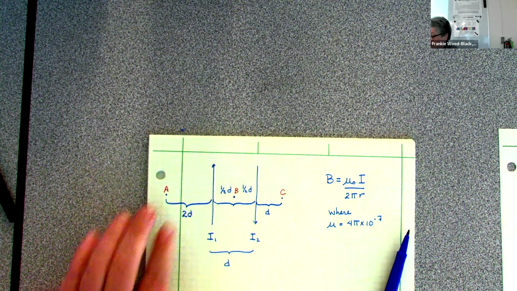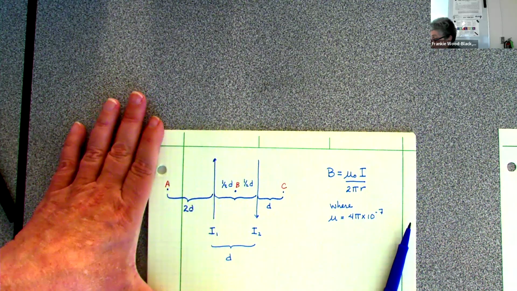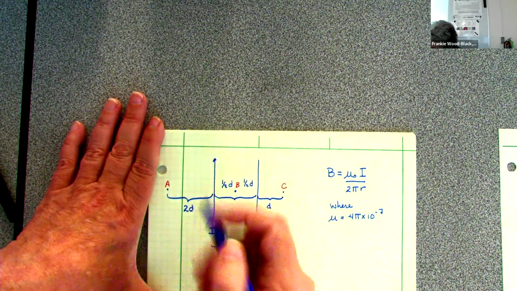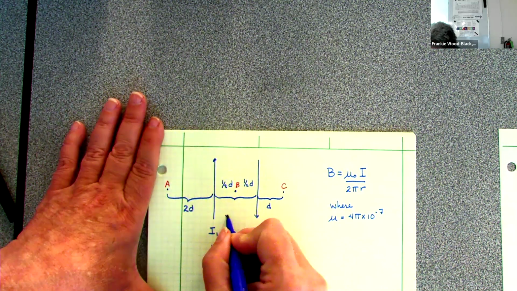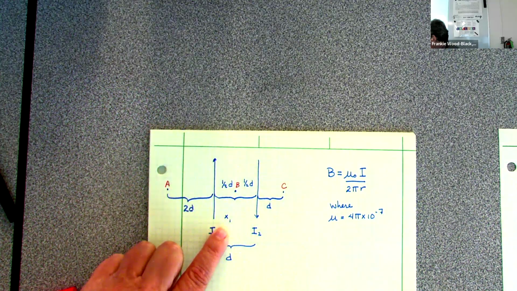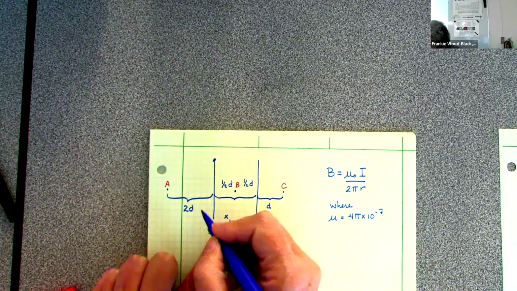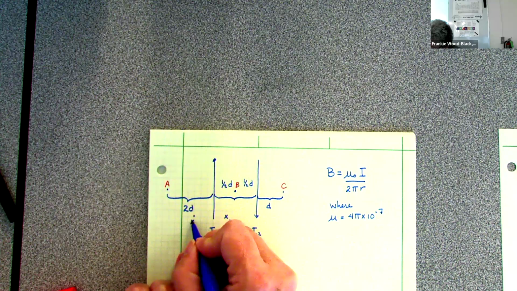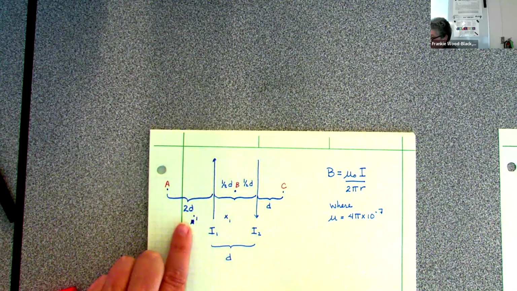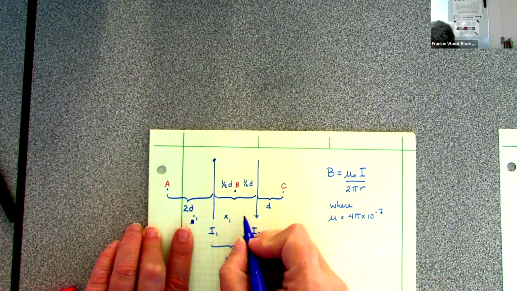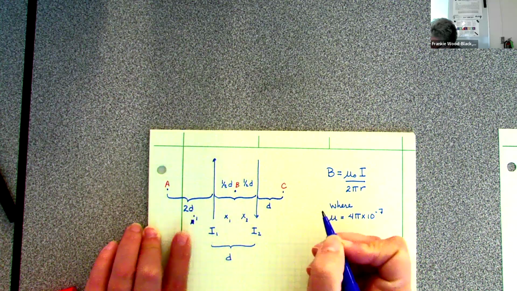If I do my right-hand rule, we're going to be able to figure out the direction of that current. So for current 1, it's going to be into the page that way, and it's going to be out of the page for I1 on the other side. Now, for 2, it's into the page here.